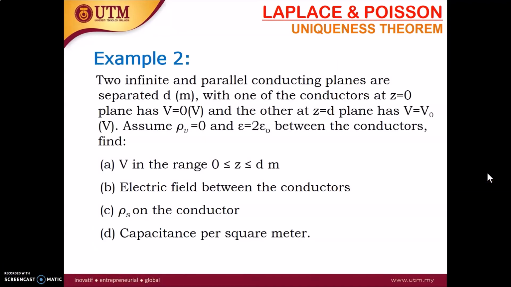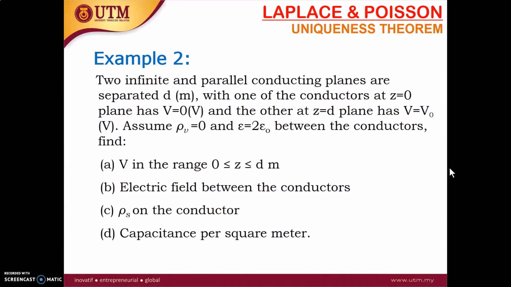For example 2, it is quite similar to example 1 because we are still given parallel conducting planes separated by the distance D. The only difference is the conducting planes are infinite in size. One of the conductors at Z equal to 0 is connected to V equal to 0 volt, which is grounded, and the other conductor at Z equal to D has V equal to V0 volt.